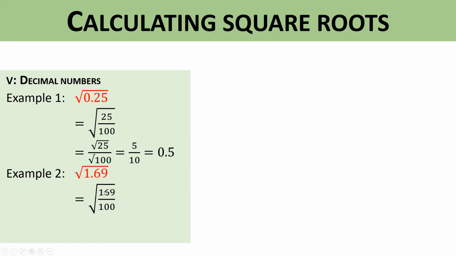And again, we can calculate the square roots of these two numbers separately, and then divide them. So the square root of 169 is 13, and the square root of 100 is 10. And then I divide them. 13 over 10 is 1.3.